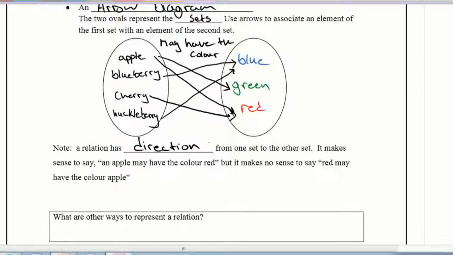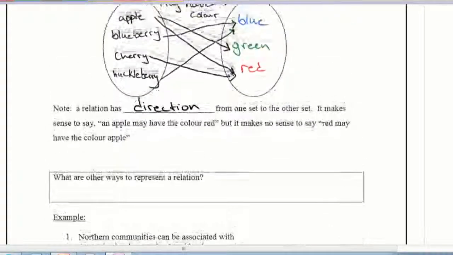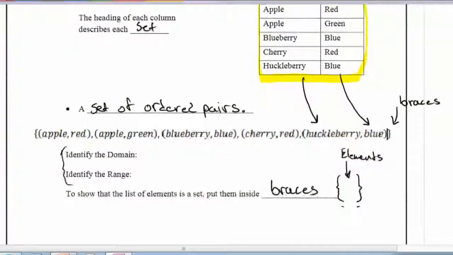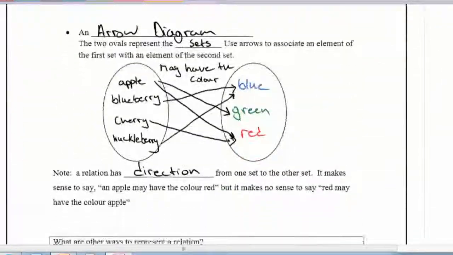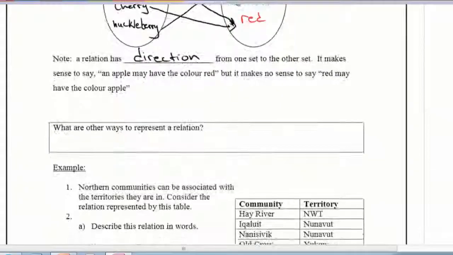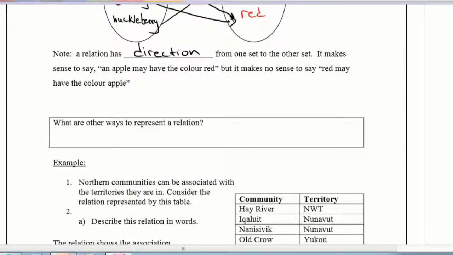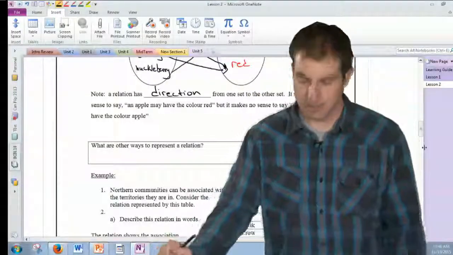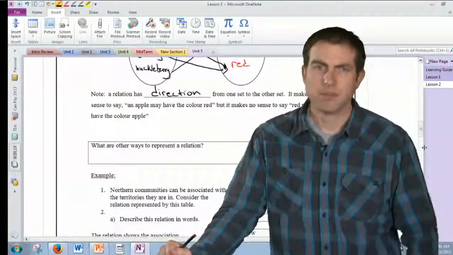So there are other ways to represent relations. Can anyone think of another way to represent a relation? So far we did a table, we did ordered pairs, we have an arrow diagram. What are some other ways that we could represent a relation?